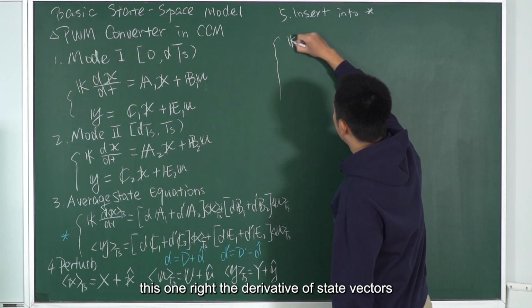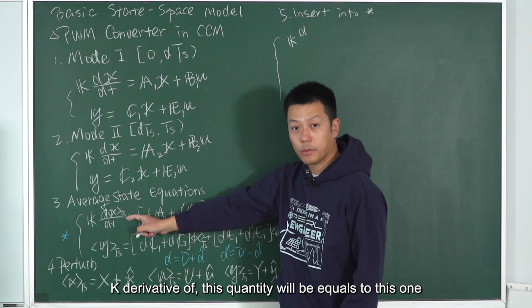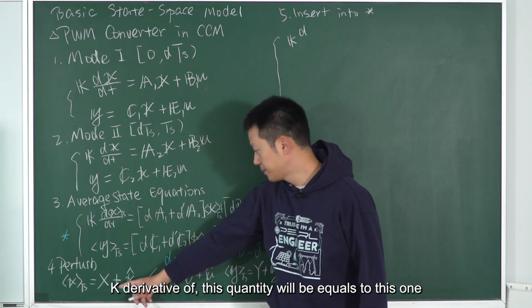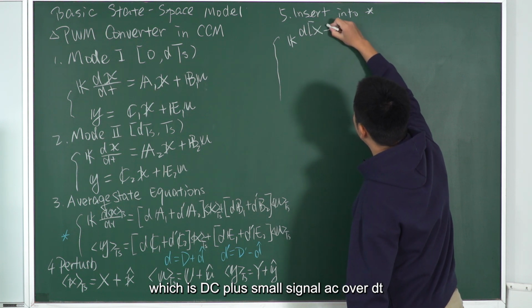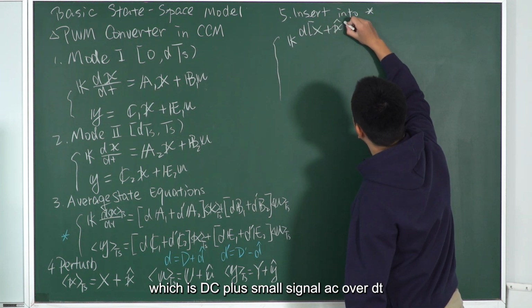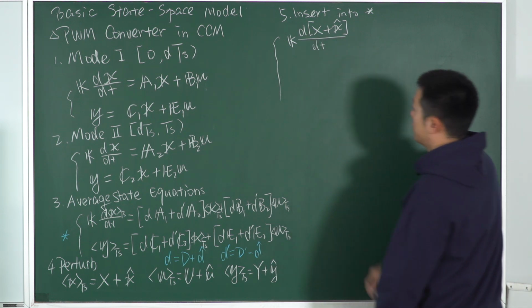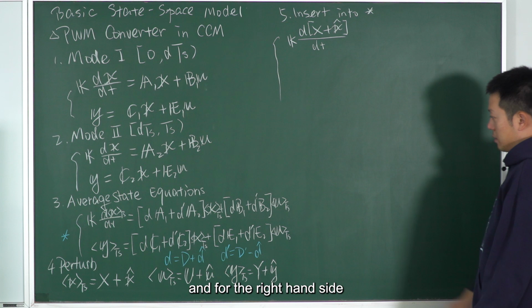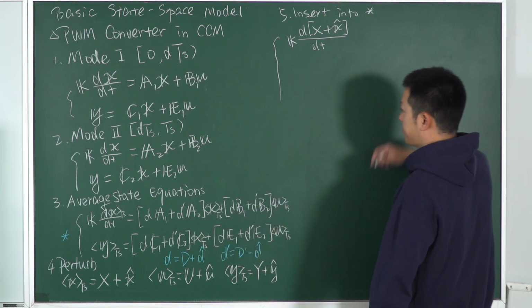So K derivative of this quantity will be equal to this one, which is DC plus small signal AC over dt. And for the right-hand side, we just perturb them one by one.